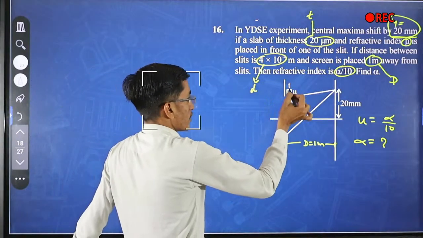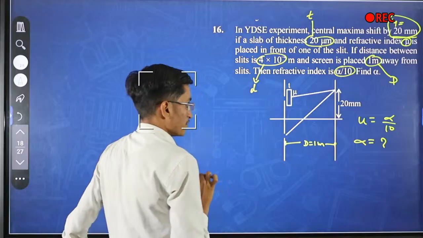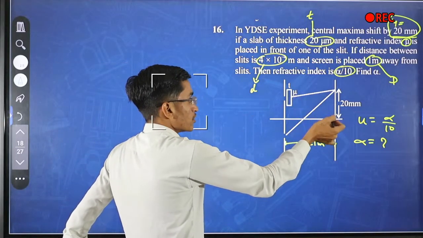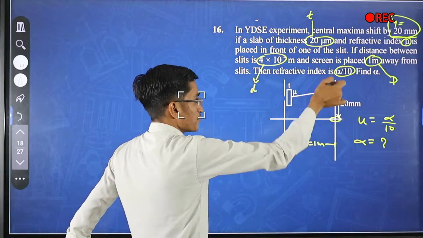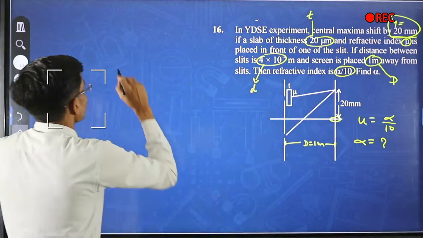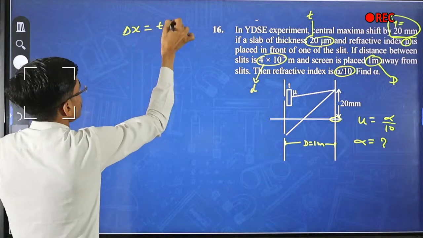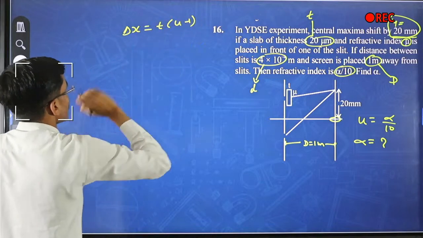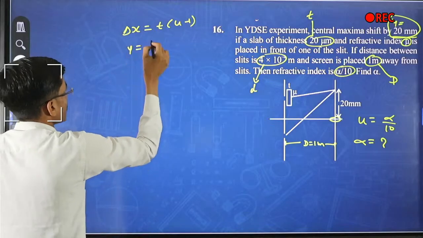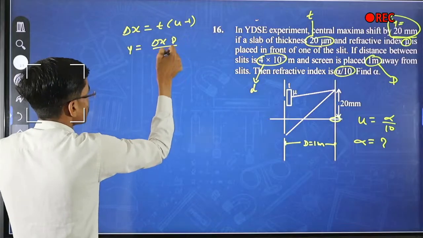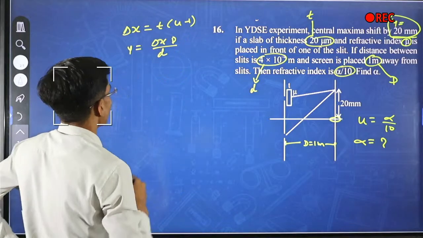Due to this slab of thickness t and refractive index mu, an additional path difference will be created, and so the maximum is shifted by distance y. So the additional path difference delta x can be written as t into (mu minus 1), and y is written as delta x into capital D by small d.